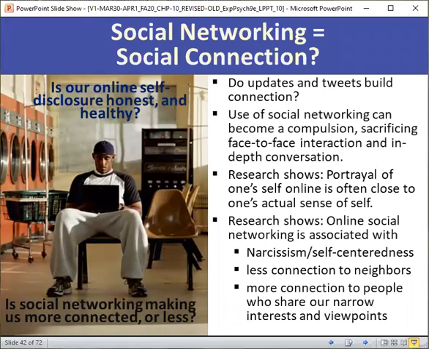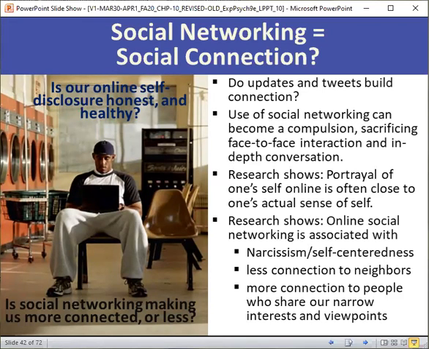Research shows online social networking is associated with the following: narcissism or self-centeredness, less connection to one's actual neighbors, more connection to people who share our narrow interests and viewpoints. We will see more on this a little bit later, but this becomes a very dangerous thing.